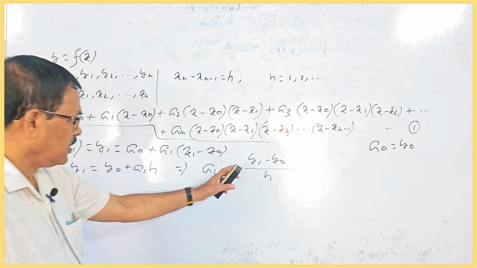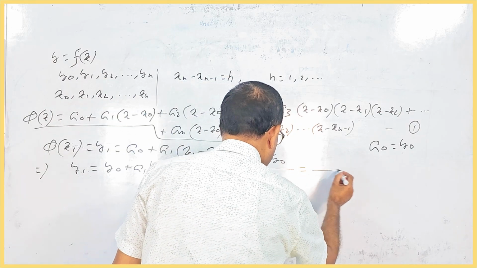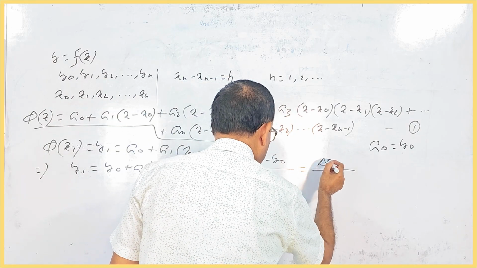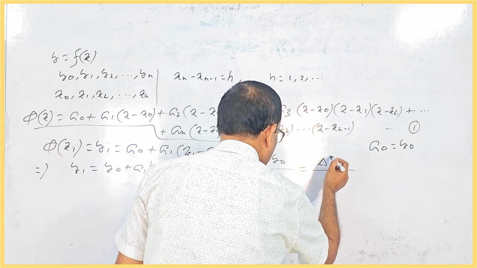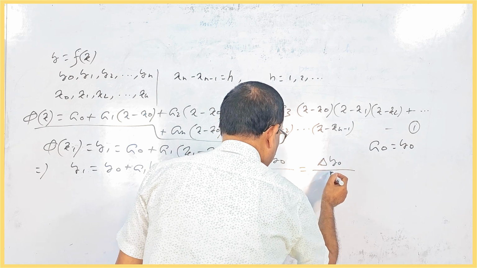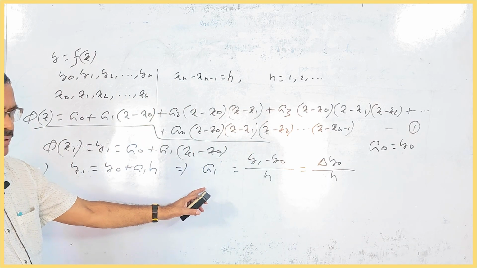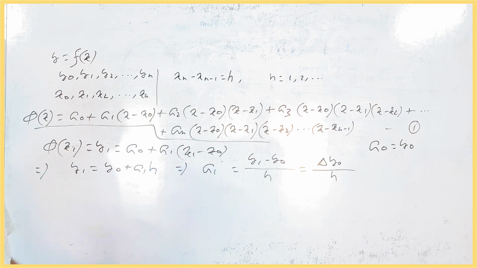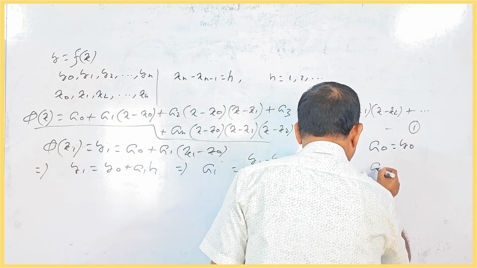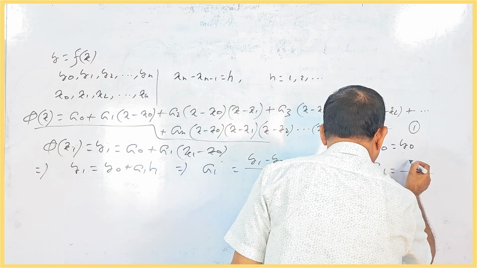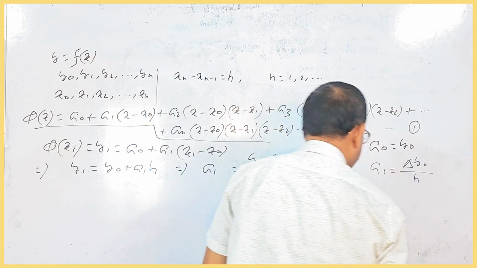And by the definition of our difference table, y1 minus y0 is delta y0, so I am getting the second coefficient a1 equal to delta y0 by h.